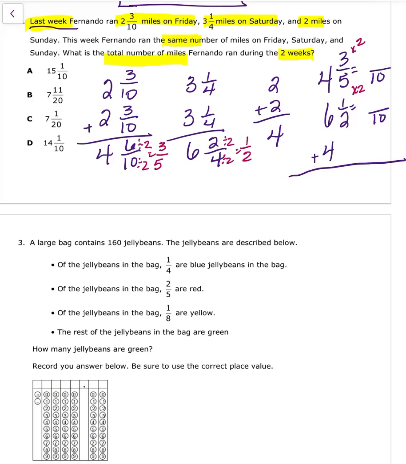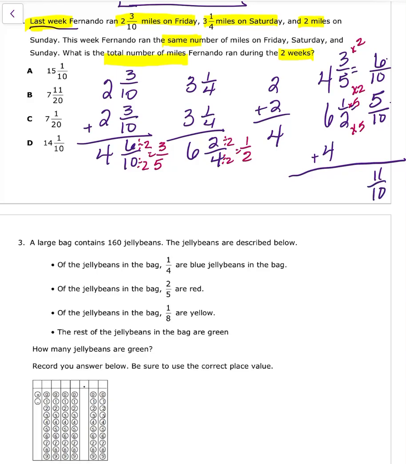Remember, if you get a new denominator, you have to get a new numerator. So you can't just bring that numerator over. So 2 times 5 is 10, and 1 times 5 is 5. I do not need to do the 4 because it doesn't have a fraction, so I'm not going to be adding a fraction there. So 6 tenths and 5 tenths is 11 tenths.